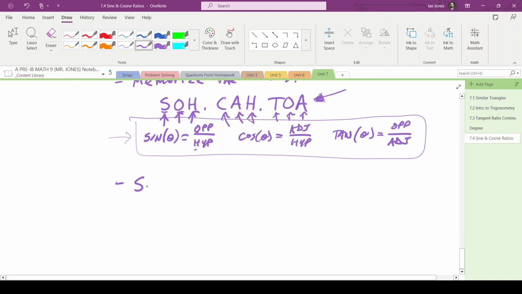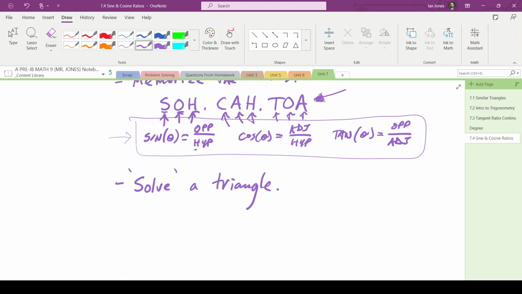And another note is solve. If somebody asks you to solve a triangle, what that means is they're asking you to find all the missing angles and all the missing sides.